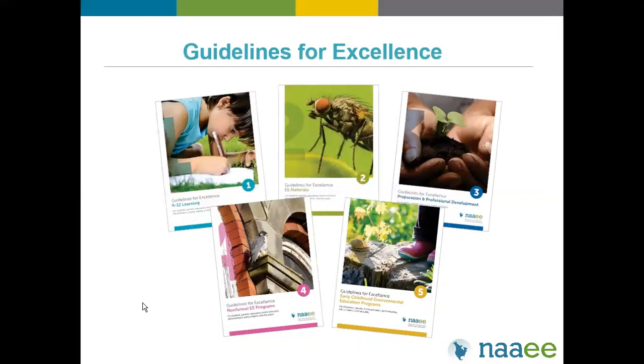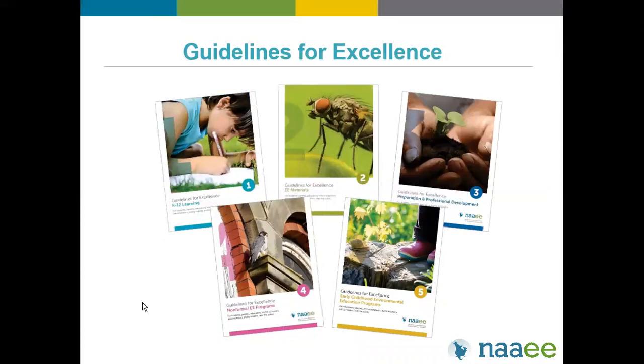So the Guidelines for Excellence have been a project since the early 90s of the North American Association for Environmental Education. I am a member of the National Guidelines for Excellence Trainers Bureau, so hopefully I can answer any questions you have about any of the different Guidelines for Excellence. The guidelines were really started as a way to set standards for our field, a way to combat some of the negative feedback that we got about being fluffy in environmental education and not having clear goals and guidelines.